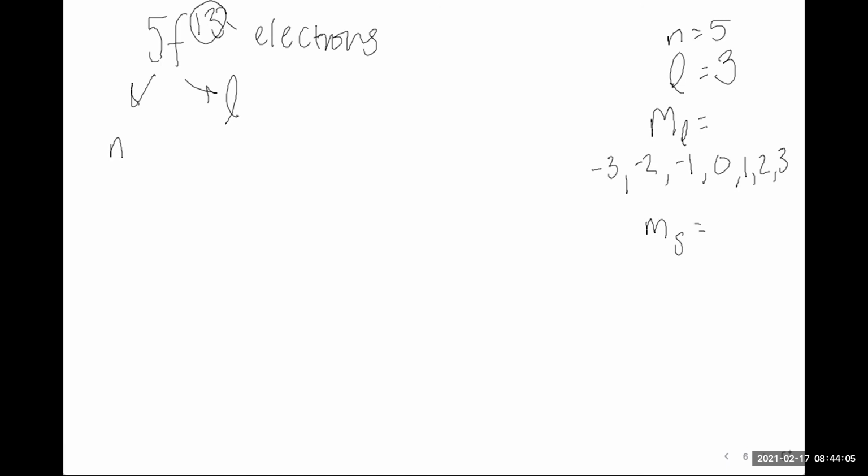And then you'd have to write out the configuration. All right, so would anyone like to volunteer to write it down? How would it look?